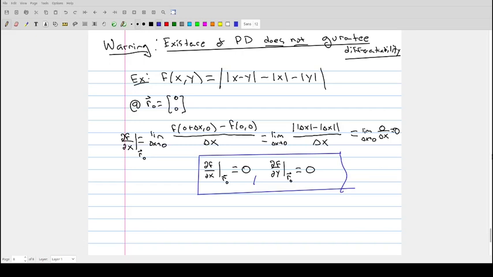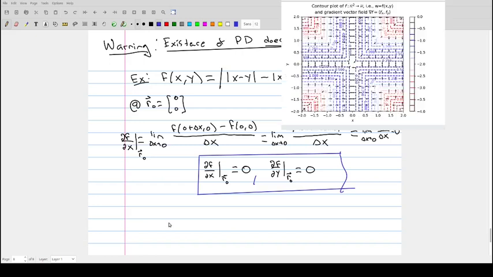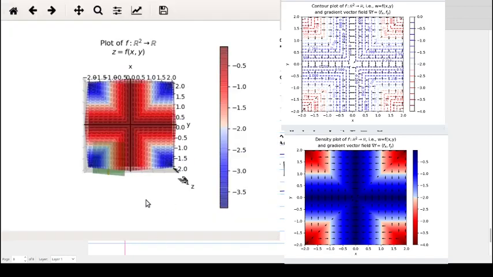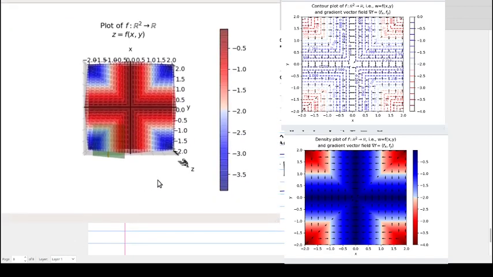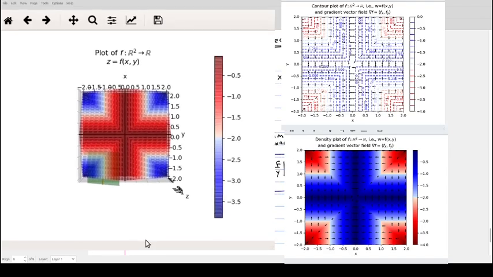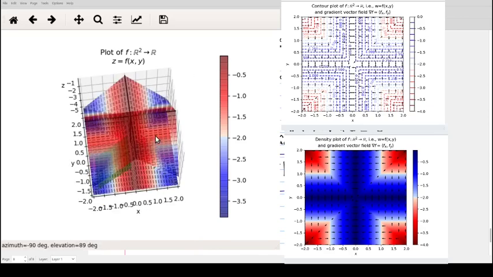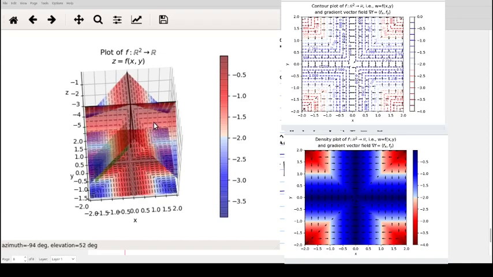But if we open up a plot, I used my Python code to plot this function, we'll take a look at what this looks like and why this function is not differentiable. I still have the tangent plane plotted from before, so we'll rotate our function and just ignore that tangent plane.